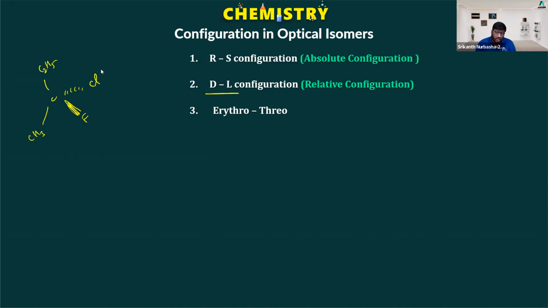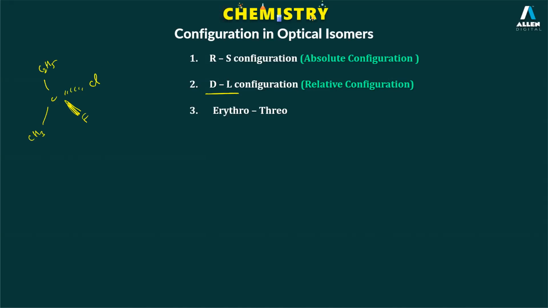What is the IUPAC name of the compound I have drawn here, students? 1 chloro, 1 fluoro, 1 methyl propane. 1 chloro, are you sure? 2 chloro, on the second position.